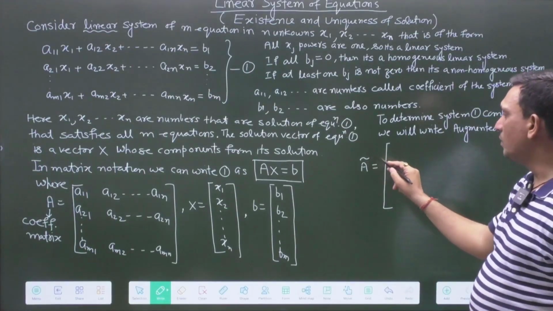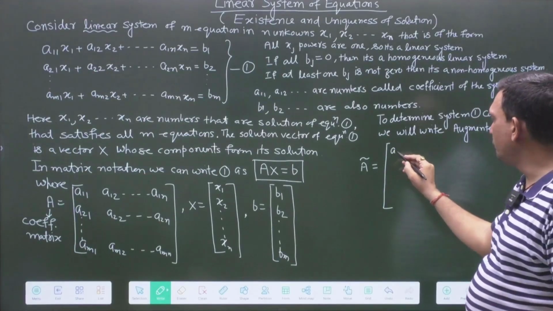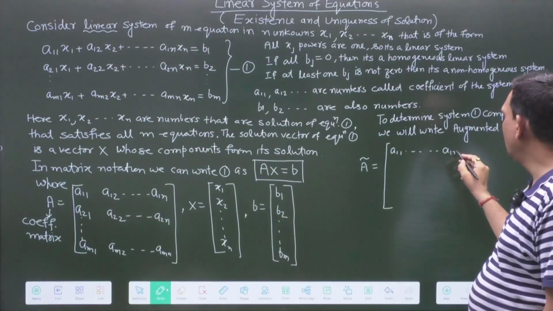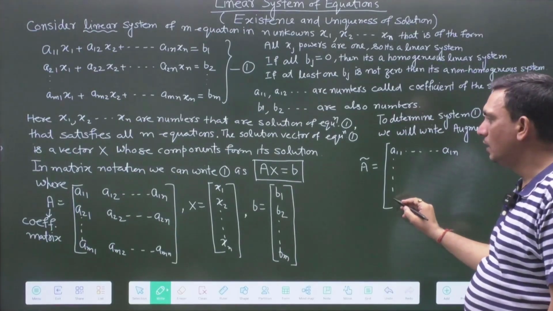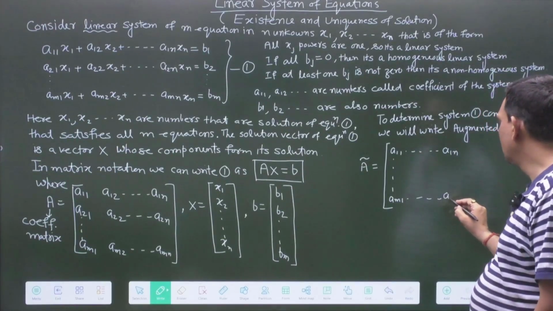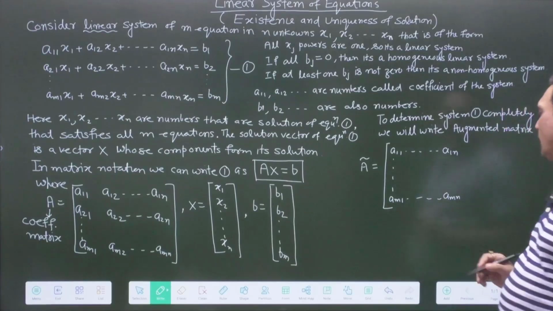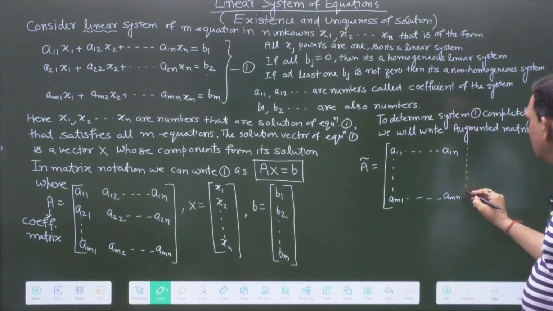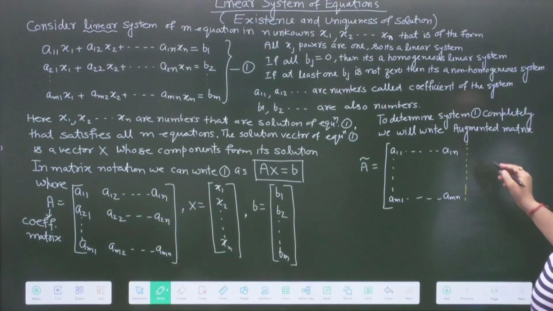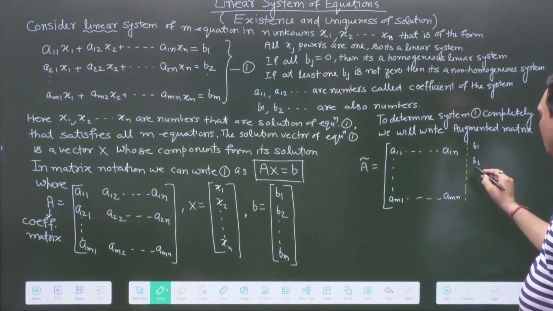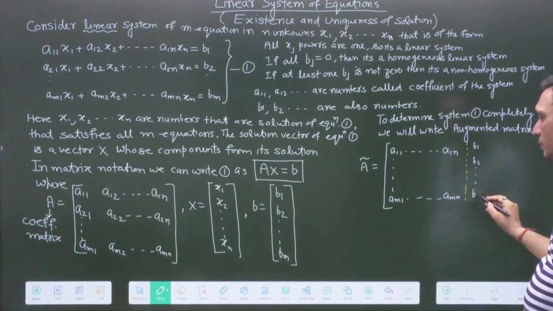So how do we write the augmented matrix? We first write the coefficients a11, a12, a1n up to amn, this is the coefficient matrix, and then we write a dotted line, and here we write the numbers b1, then b2 and so on, up to bm.